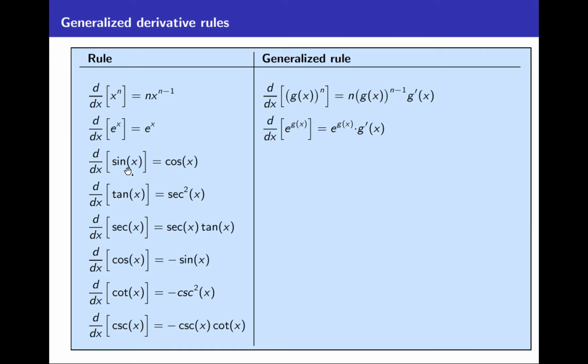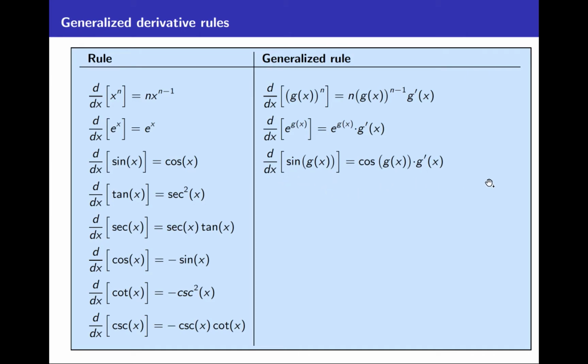For the derivative of sine of x equals cosine of x, if you take the derivative of sine of g of x, we get a generalized rule, cosine of g of x times g prime of x. That's the derivative of sine, which is cosine, with g of x plugged into it, times g prime of x. So we're going to look at this as a new generalized rule for sine of a function.